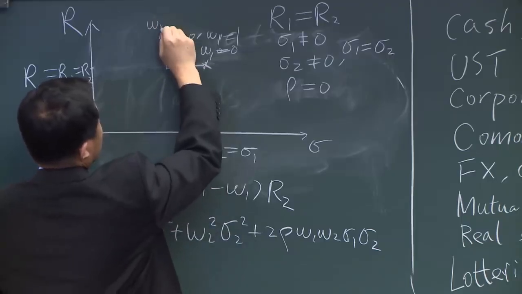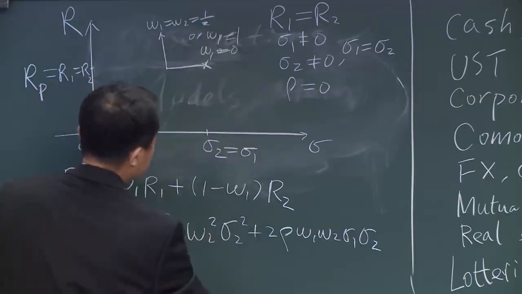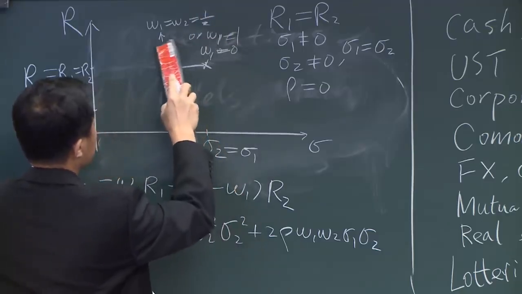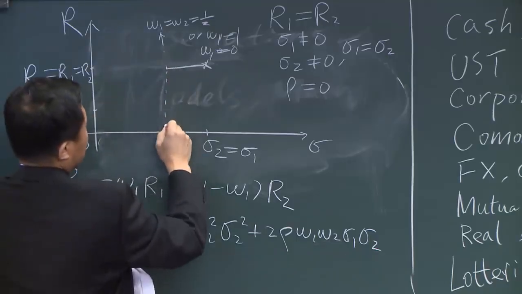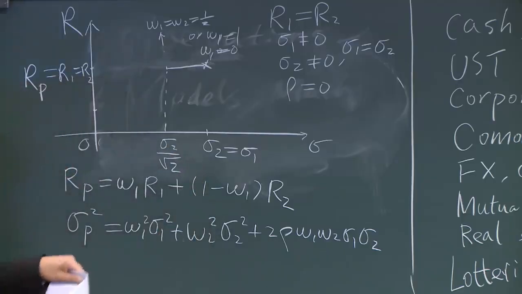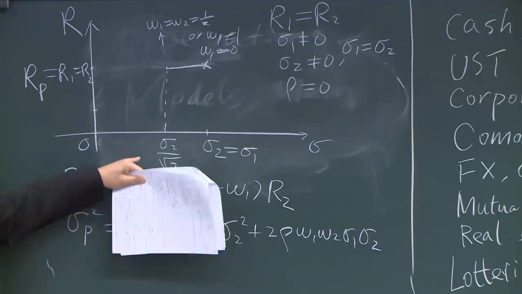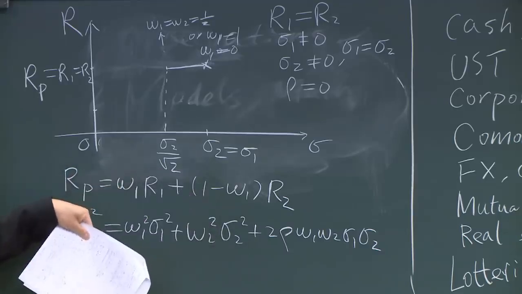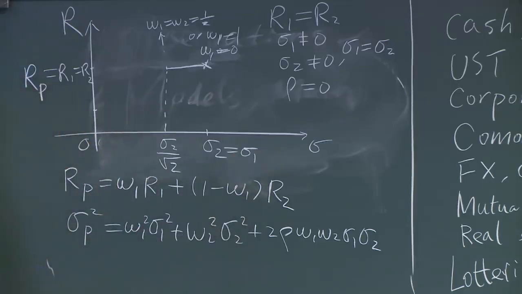that's when they are equally weighted, half and half. So you get square root of that. So you actually have a significant reduction of the variance of the portfolio by choosing half and half, zero correlated portfolio.